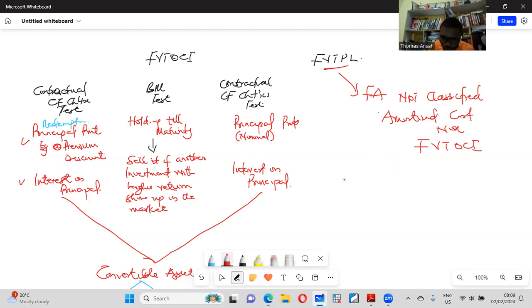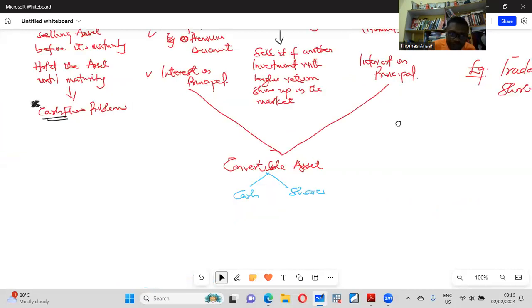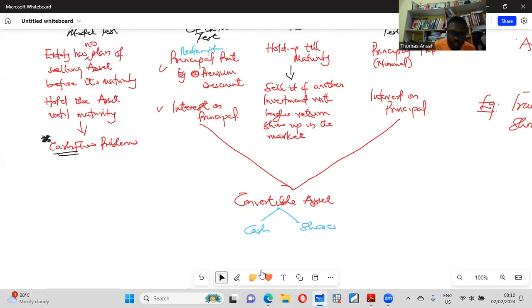Let me give you a clue. So in your exam, if you see that the financial asset is tradable or short term or even medium term, right there, you should know that it is classified under fair value through P&L. So these are your clues. So therefore, the subsequent measurement under the amortized cost, the subsequent measurement.